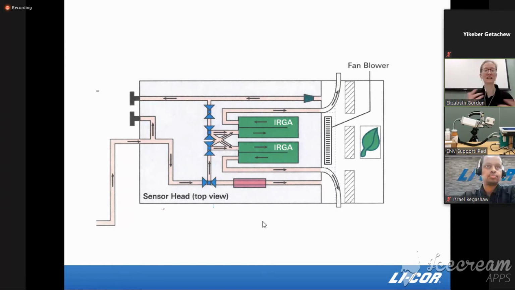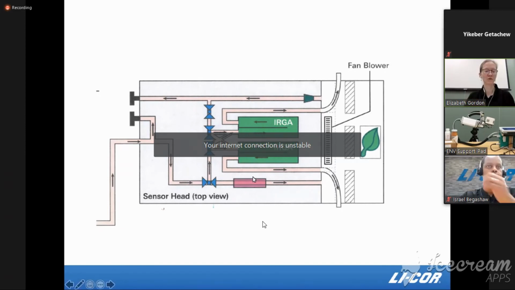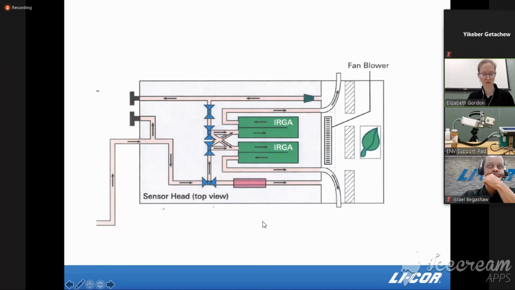And we have two sample and reference removal spots, so that if we wanted to go to a GCMS or an isotope analyzer, another instrument, we can pull air from either the sample or the reference at the back of the sensor head. We'll show you the actual physical parts of this a little bit later, but this is the general diagram of how it works.